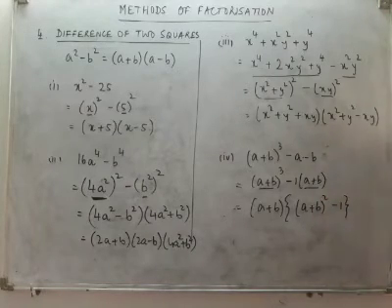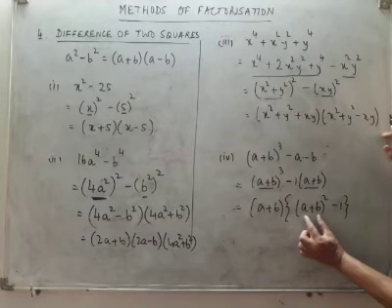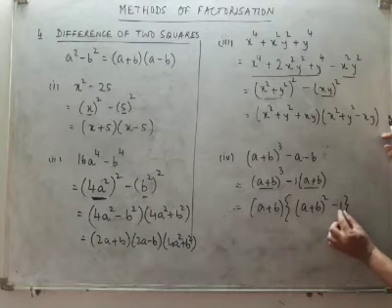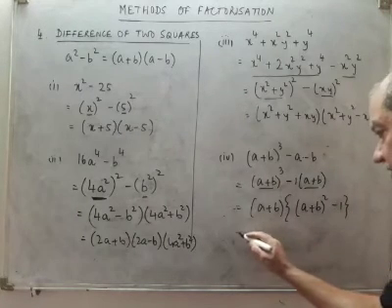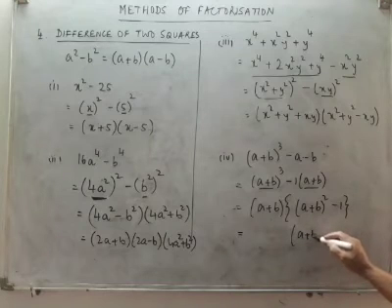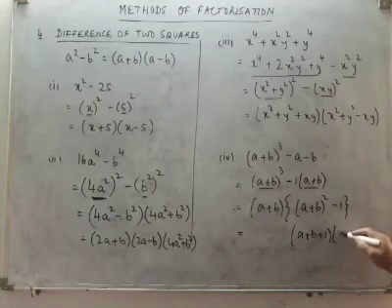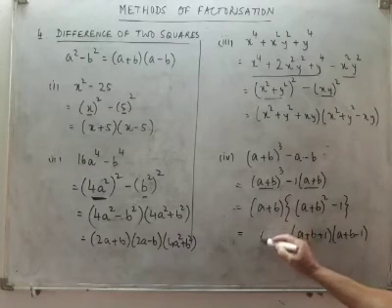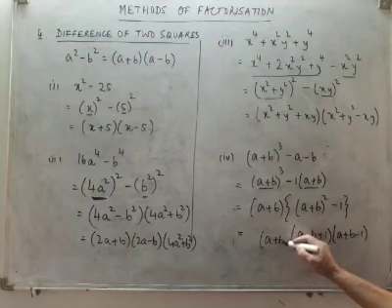You remember I told you, we've obtained first term square minus second term square. First term, second term. So what will we get here? This will become the first term plus the second term into the first term minus the second term, and we are left with this factor, a plus b.